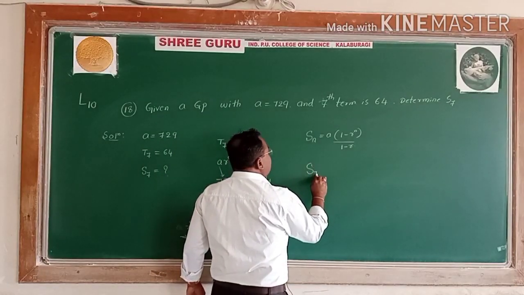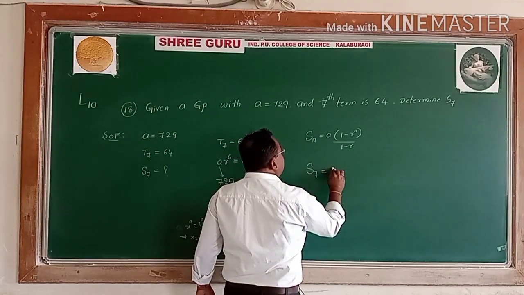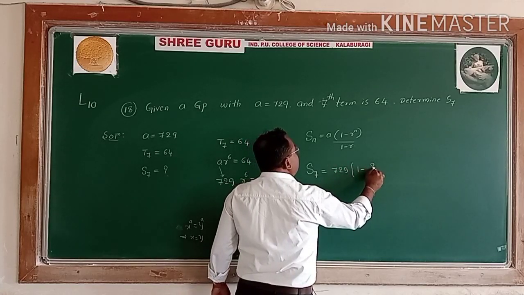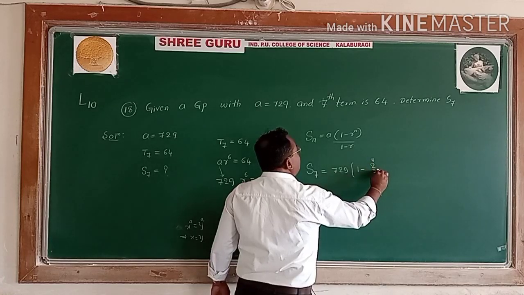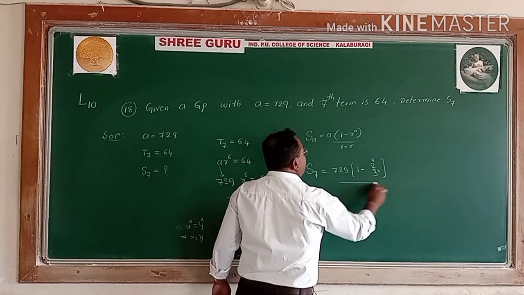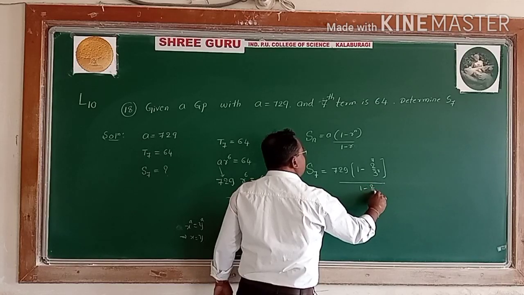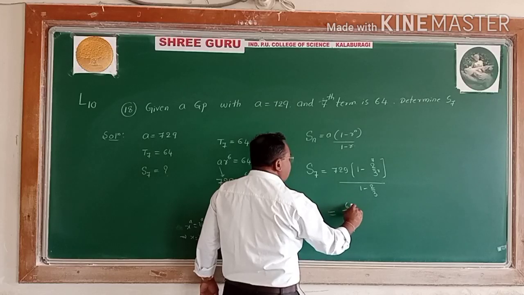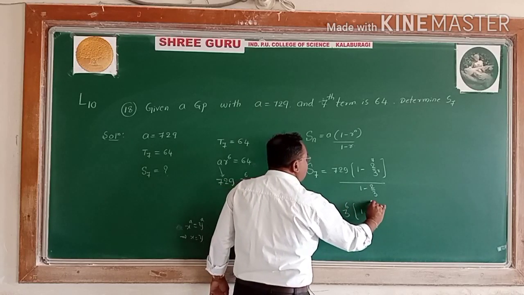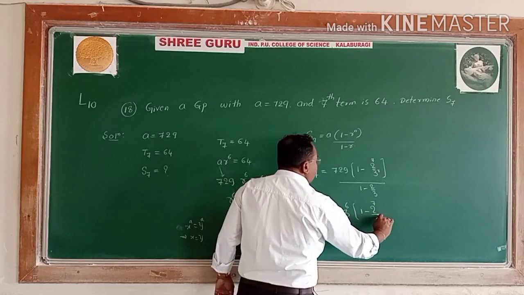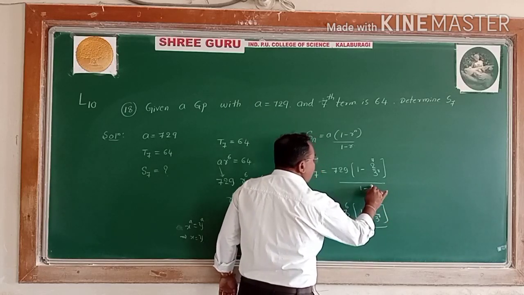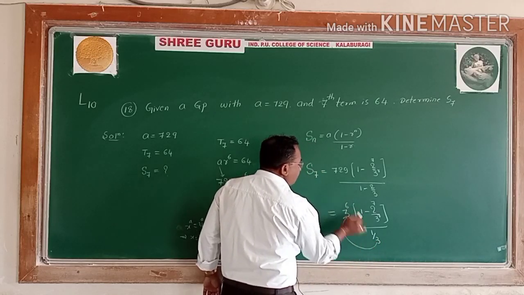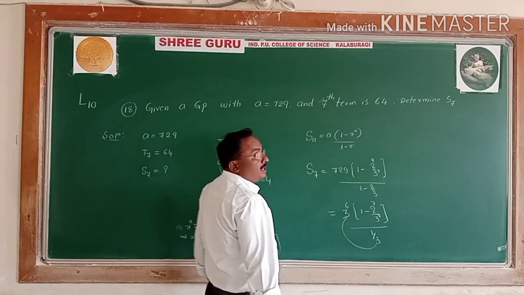S7 is equal to 729 times 1 minus 2 by 3 whole to the power 7 divided by 1 minus 2 by 3, which is 729, that is 3 power 6, times 1 minus 2 power 7 by 3 power 7, divided by 1 by 3. This 3 goes up, making 3 power 6, and this 3 goes up, making 3 power 7.